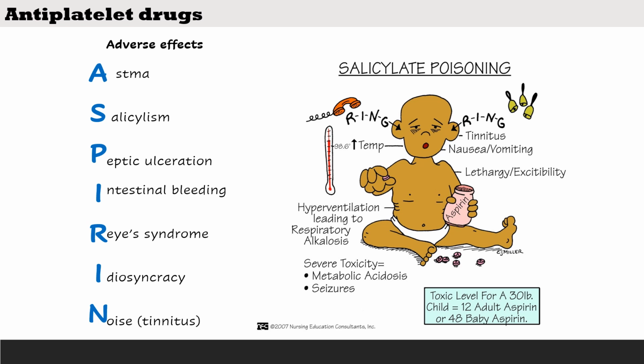One of the main adverse effects of aspirin is peptic ulceration or internal bleeding, which is very common for all the NSAIDs, and Reye syndrome in children who have viral infections, and there are several other idiosyncratic effects like respiratory alkalosis and so on, and noise, which is tinnitus.